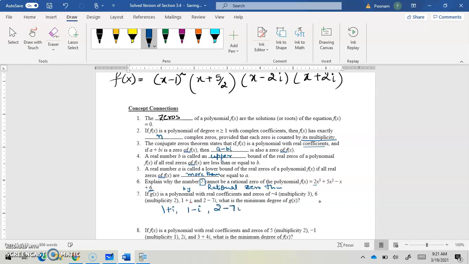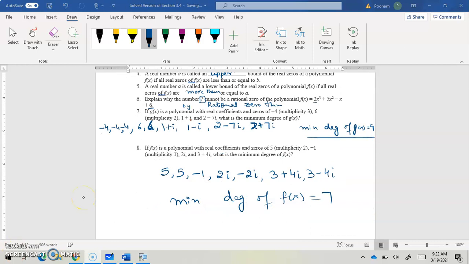If 2 minus 7 iota is a zero, then 2 plus 7 iota will also be a zero. Negative 4 is a zero 3 times and 6 is a zero 2 times. That means the minimum degree of g of x would be 9. Similarly, for question 8, the minimum degree will be 7.